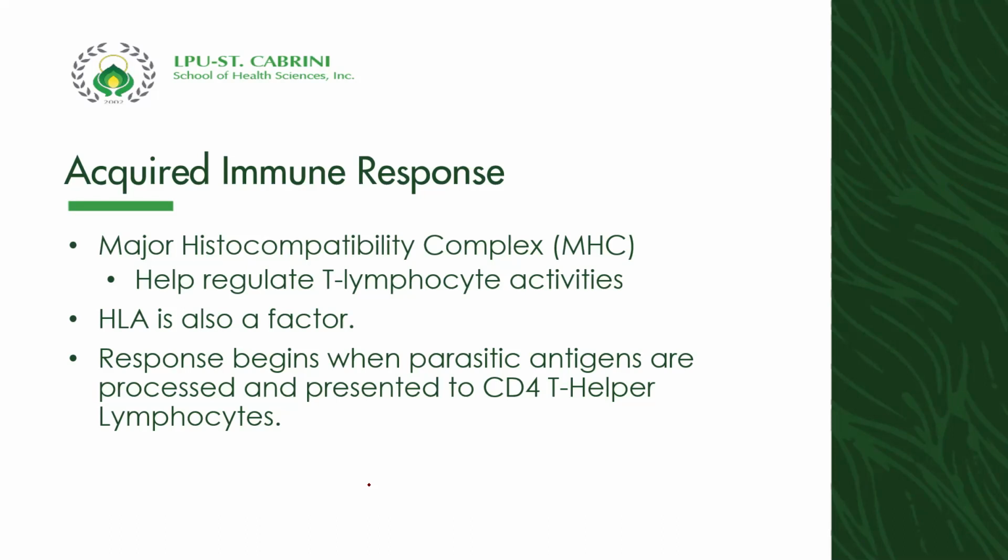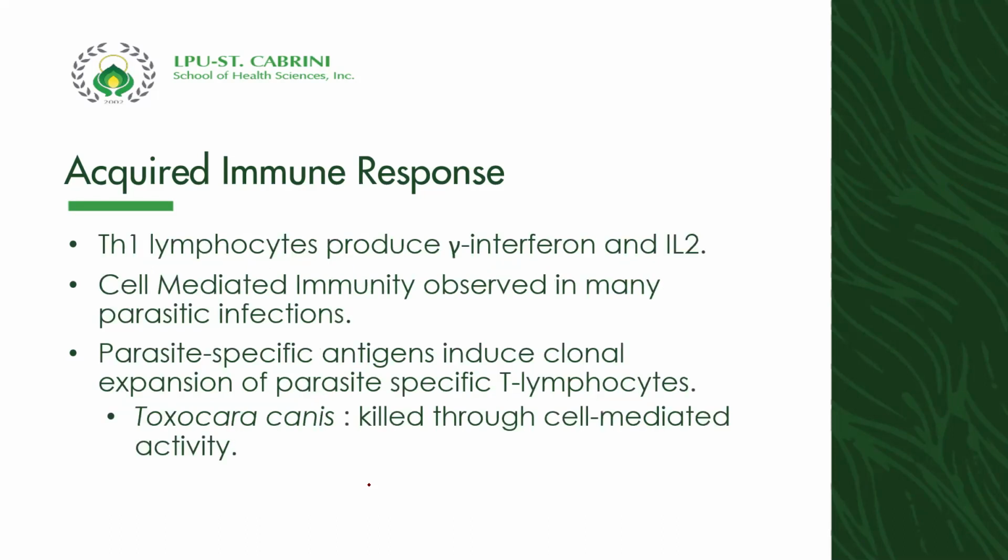Now, what will happen? The specific immune response will now begin to react with the parasitic antigens, and they are associated with what we call CD4 T cells or CD4 T helper lymphocytes. Why is it important? Remember that T1 lymphocytes produce gamma interferon and interleukin 2.